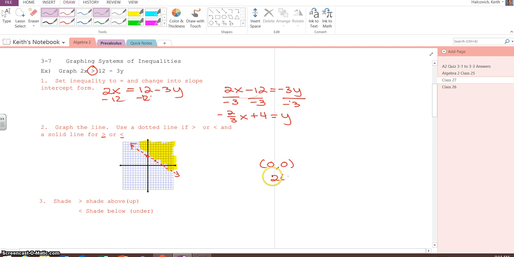So 2 times 0 greater than 12 minus 3 times 0. So is 0 greater than 12, basically? And the answer to this question is no. So notice 0, 0 is right here. So that means all the points are going to be on the other side of the line, which means we shade above. So that's another way to look at it if you don't understand what's above and what's below.